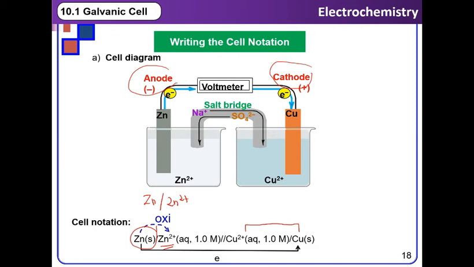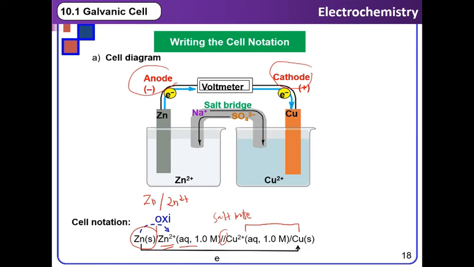Kita letak slash, nampak slash? Slash means different phases. Double slash means salt bridge. Okay. Jadi, salt bridge ni akan menghubungkan antara two electrolytes. That's why kalau you tengok, di sebelah double slash ni, dia diapit oleh aqueous solution.